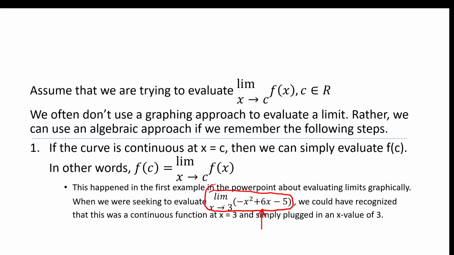And we could have just subbed in an x value of 3. If you recall, that was the one where the parabola looked like this, and the point (3, 4) was on the function, and a lot of you might have said, well, obviously the limit as we approach from the left and the limit as we approach from the right will both be equal to 4. And that's what this first rule is saying. If it's a continuous function at that value, just plug it in.